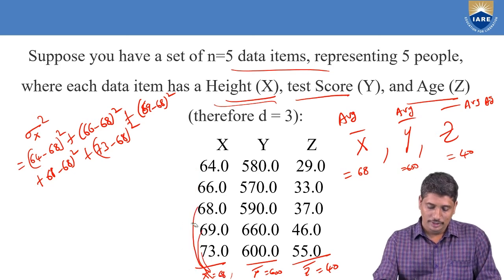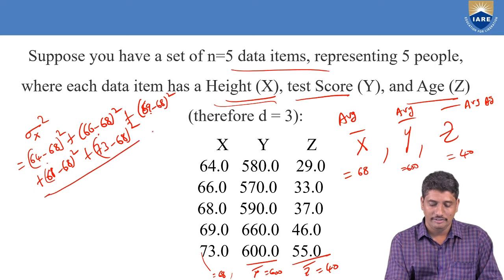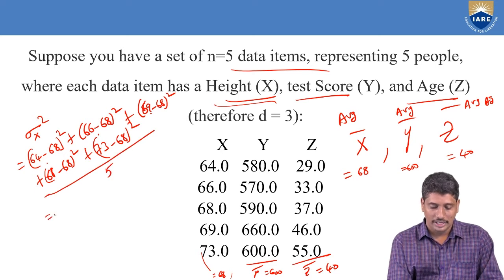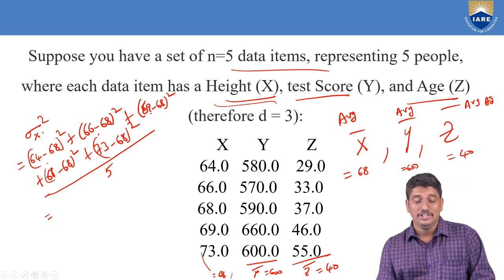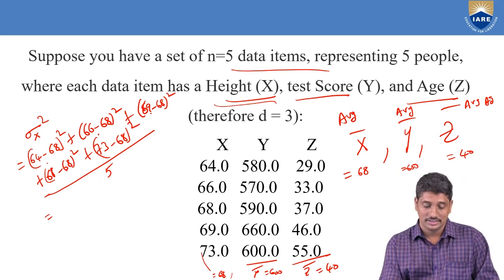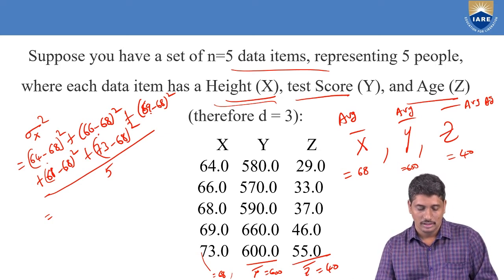In that way, we calculate the deviations and square them. Total there are 5 brackets, so we divide by 5. Then we get the variance of the variable x. Of course, that will be listed in the next slide.